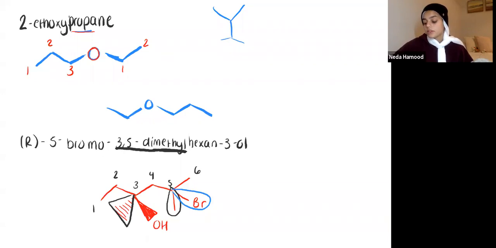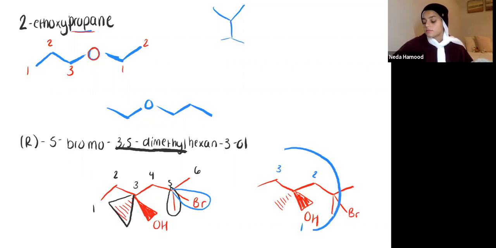And then if we're going to figure out the R and the S configuration, I like to personally redraw the structure so that I'm able to actually look at it. So then we have 1, 2, 3. This is S. Damn. So actually, I guess the way that I would draw this is just by flipping it, and I would do this.